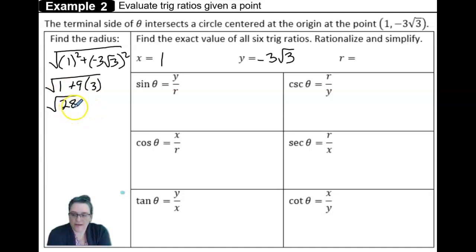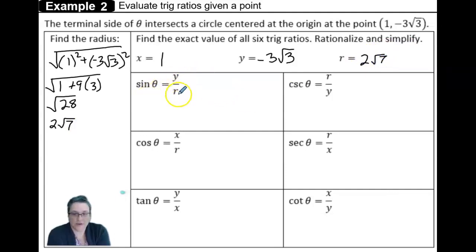And 28 is 2 times 14. 14 is 2 times 7, so we can reduce this radical to 2√7. So the radius is 2√7.